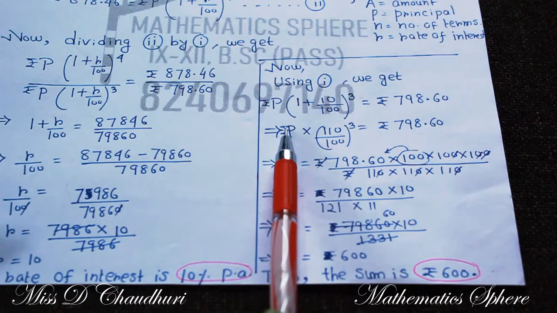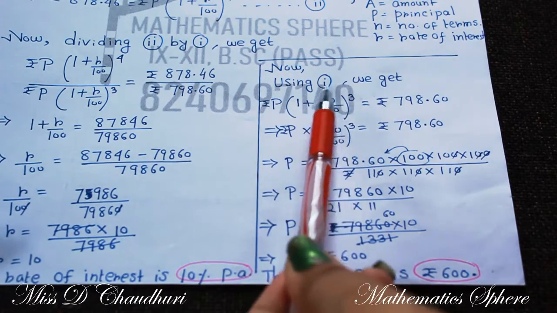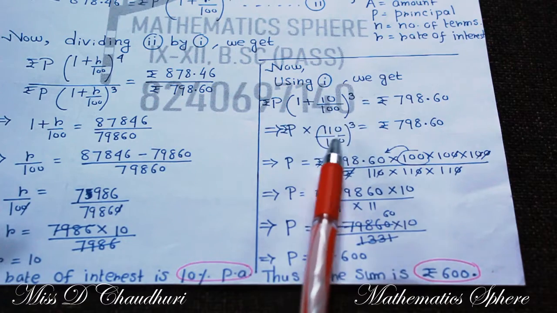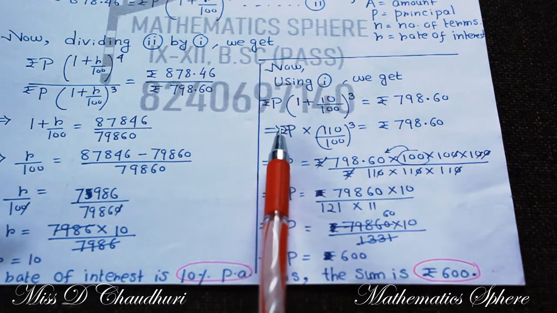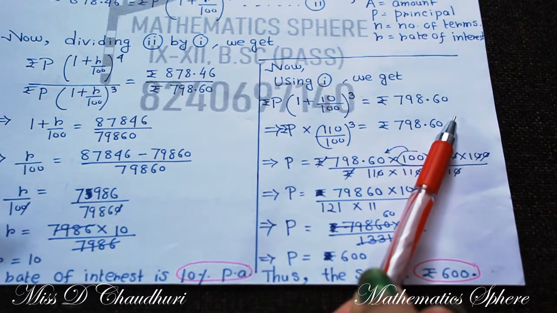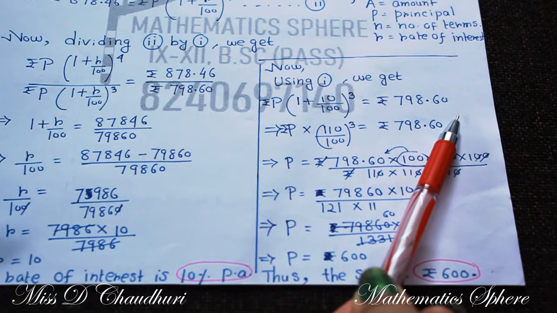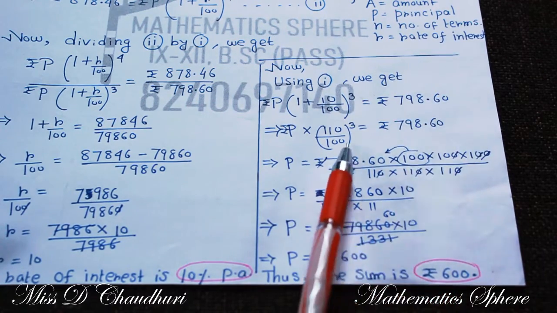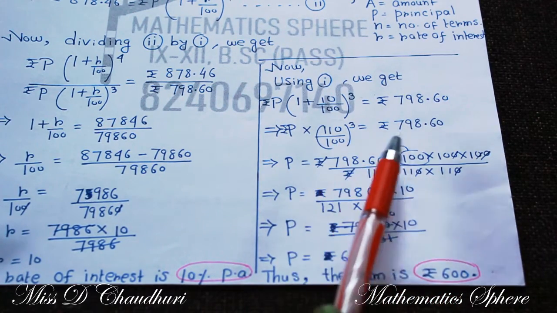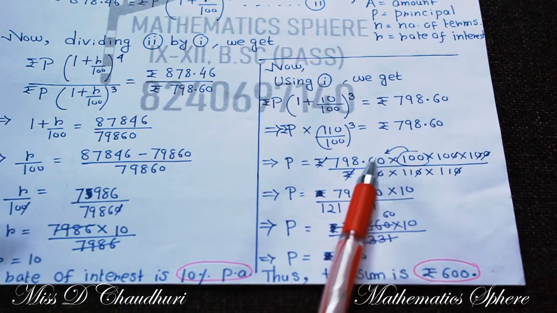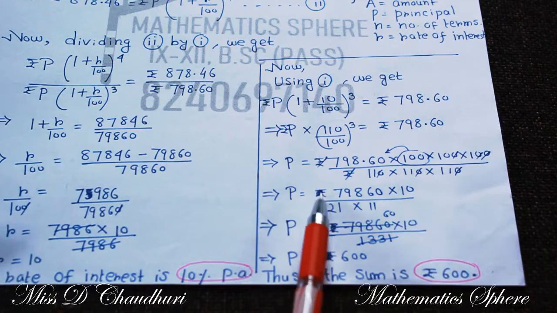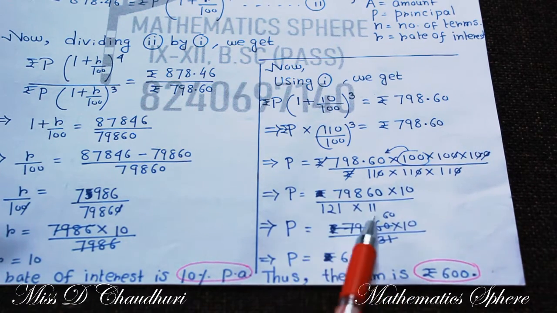Now only P needs to be solved, so you calculate this part. This part will come to be 110 by 100 whole cube. That means from here, you shift this to the right side, like you do in the sums where P was missing, we have done such type of sums. Okay, so now you shift this to that side. Ultimately after adjusting, the hundreds are adjusted with this 60, this 100 and this 100, zeros will cut, and ultimately you are going to get this thing divided by this thing.